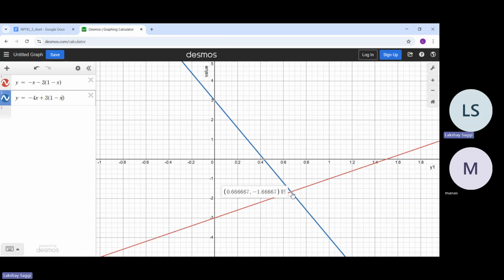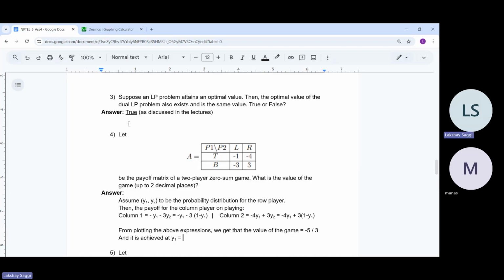It's 2 by 3, and the second value is 1 by 3. So y1 equals 2 by 3 and y2 equals 1 by 3, right? Note that this was what was required as the final answer. So we get this, and we also get the value.